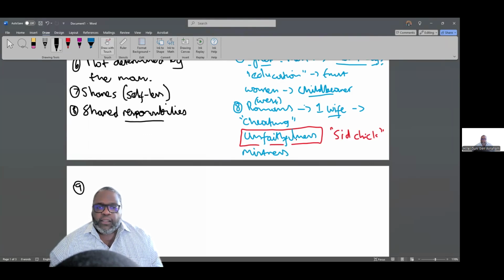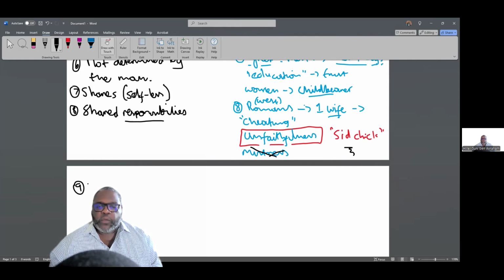So this is why polygamy exists in the Bible. It's because the side chick is unholy. The mistress is unholy. If a man desires another woman, he should speak to his wife, and if his wife approves, she must choose the second wife.